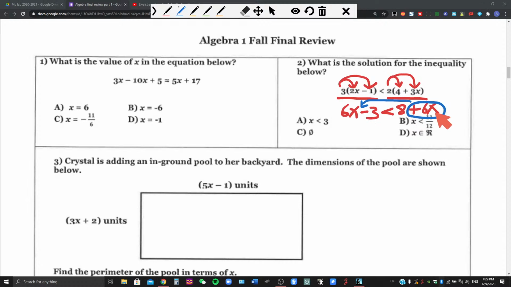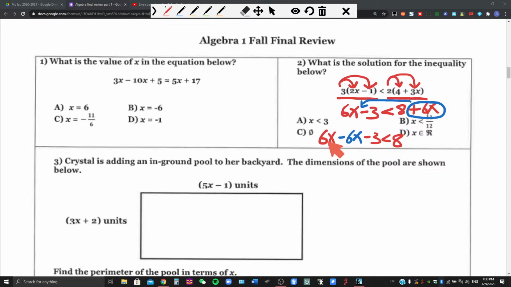It will become a negative 6x. So we will have 6x, and this will become a negative 6x. Then copy the rest. Negative 3, copy the rest. We move it to the other side and flip the sign.